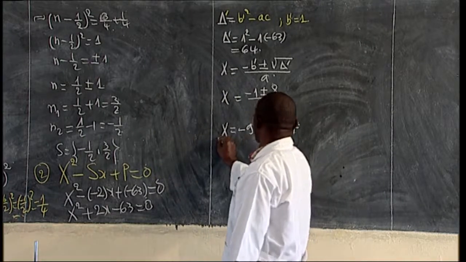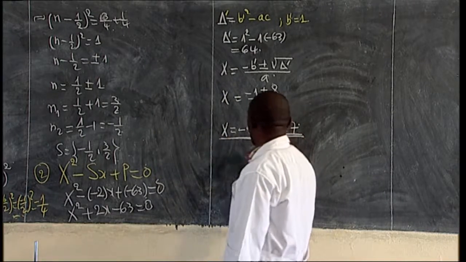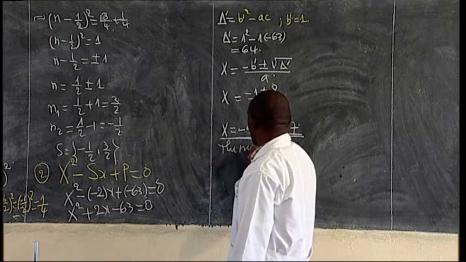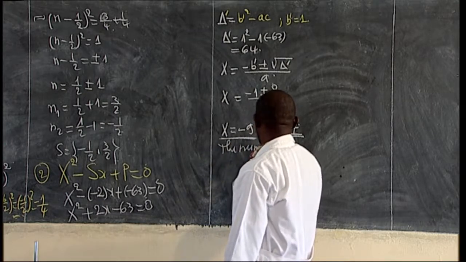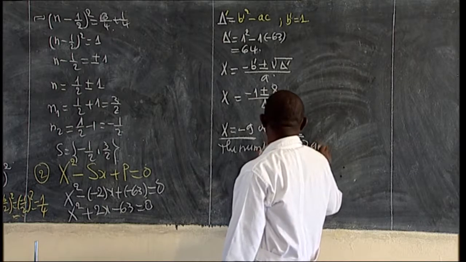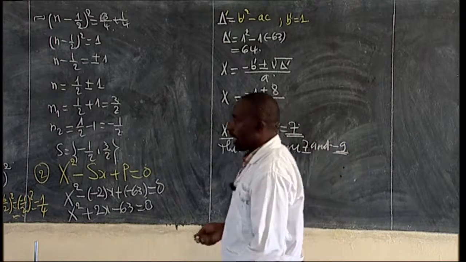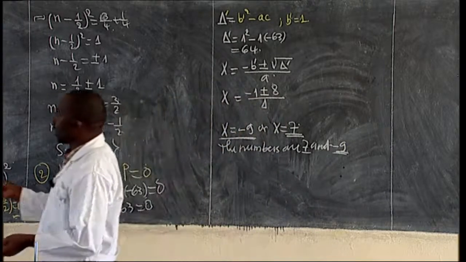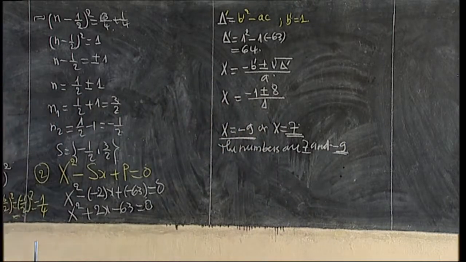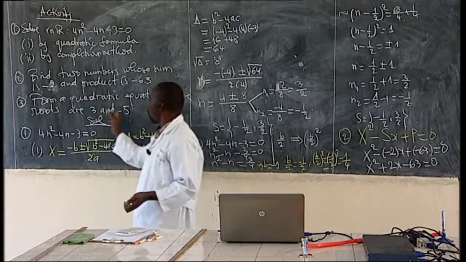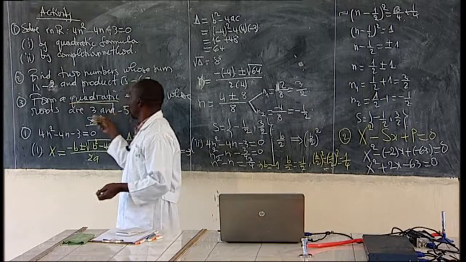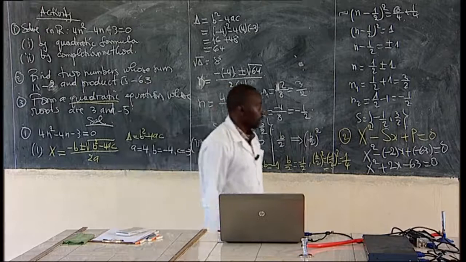And the numbers are 7 and minus 9. Lastly, you are given the roots of a quadratic equation, but you have to form the quadratic equation having those roots.